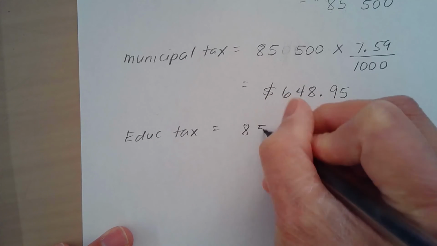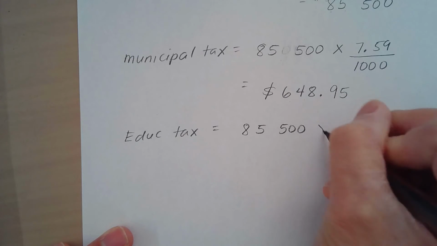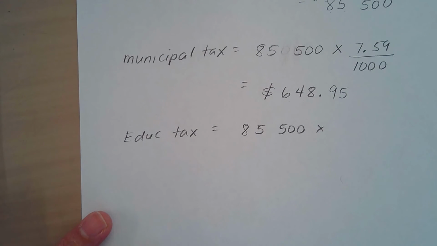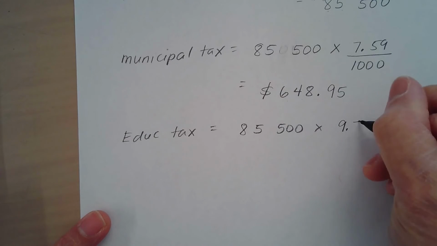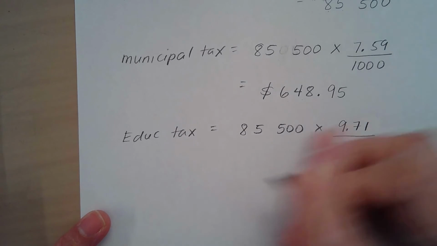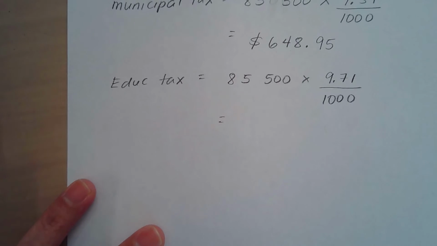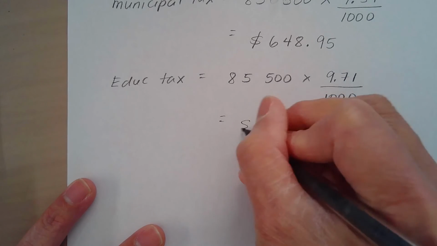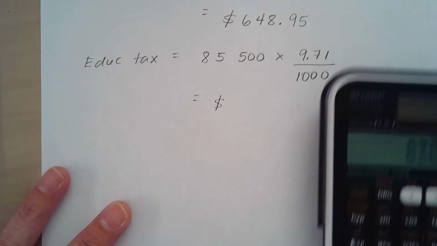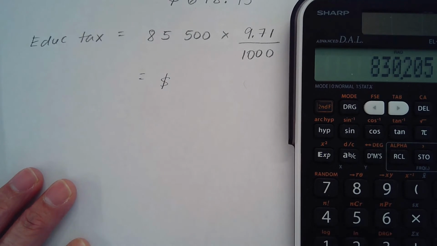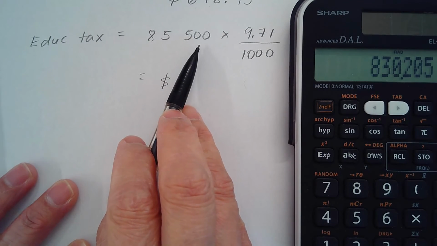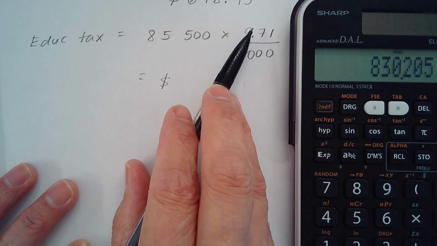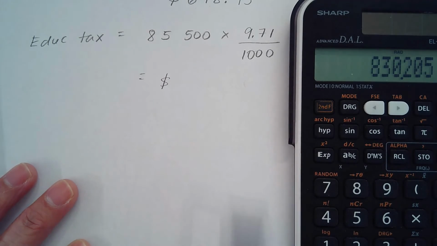It's 85,500 times education rate, which is 9.71. Okay, so let's do the math. This is the amount that I got on my calculator. So when I took the portion assessment of 85,500 times 9.71 per thousand, this is what I got.